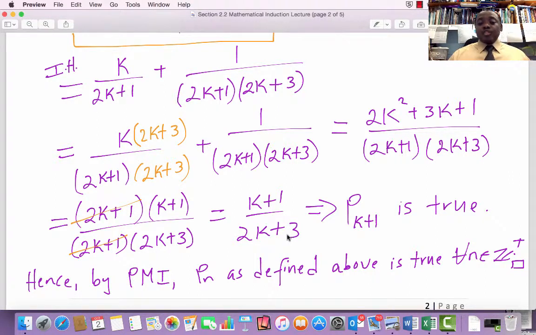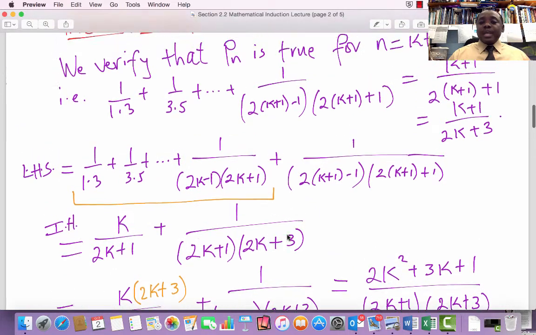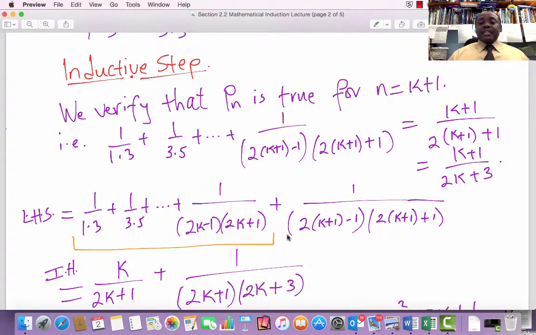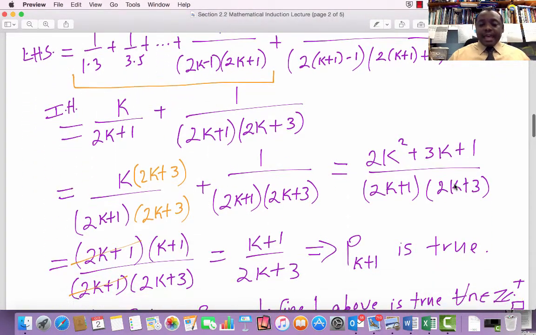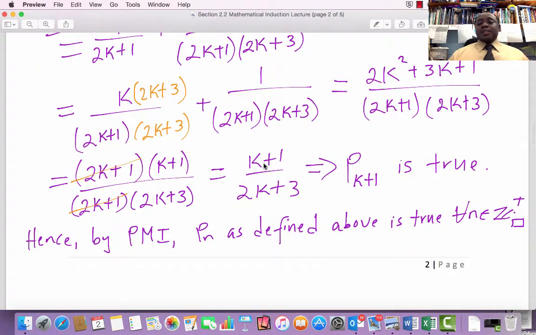We want to prove that Pn is true for n equals k plus 1, and we had concluded that to verify that step, we have to prove that the left-hand side equals k plus 1 divided by 2k plus 3. And this is where we are. K plus 1 divided by 2k plus 3. So that means P(k plus 1) is true.